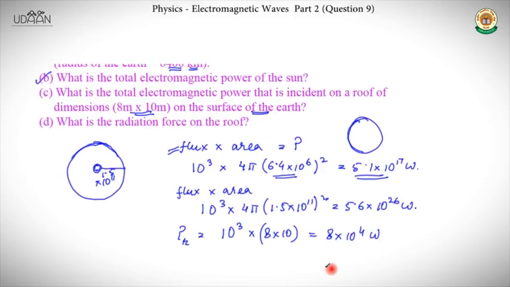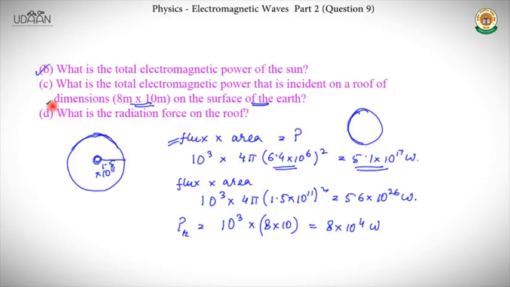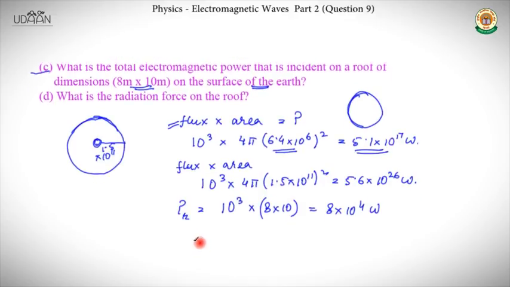Now the final part asks us about the same roof. What is the radiation force on the roof? The radiation force can be found out after finding the radiation pressure on the roof. For radiation pressure we have a direct formula, which is, this is pressure, mind you, not power. It is equal to I by C, where I is the flux or the intensity, whatever you may like to say. With this we multiply for the force, which equals area into this pressure.